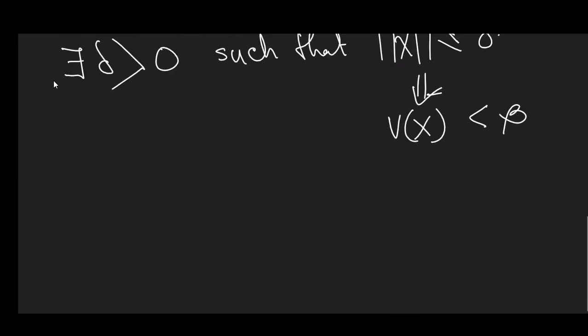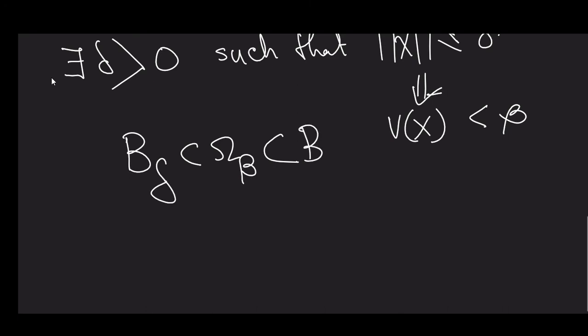Then obviously B delta is contained in omega beta, and omega beta is contained in B r.